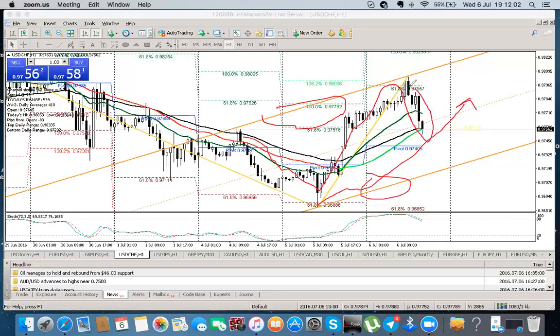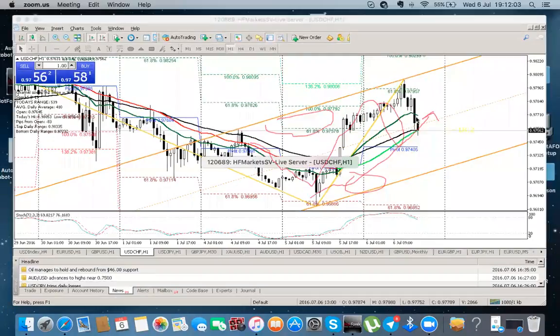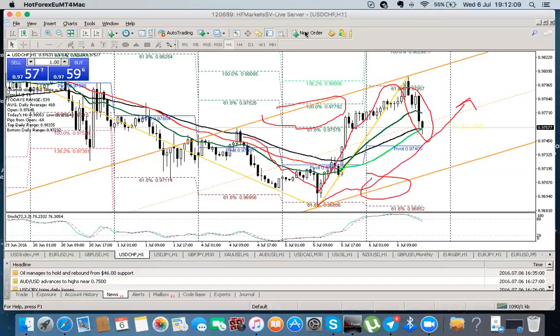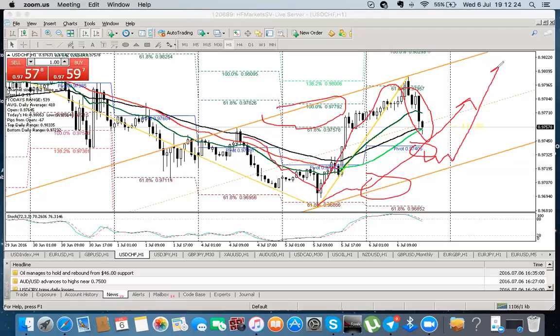The good chance to trade this pair is to buy when it reaches a certain level. For example, if it tests the pivot, maybe it will break it, consolidate, and maybe tomorrow it will go up. But the buying chances are better than the selling chances here.